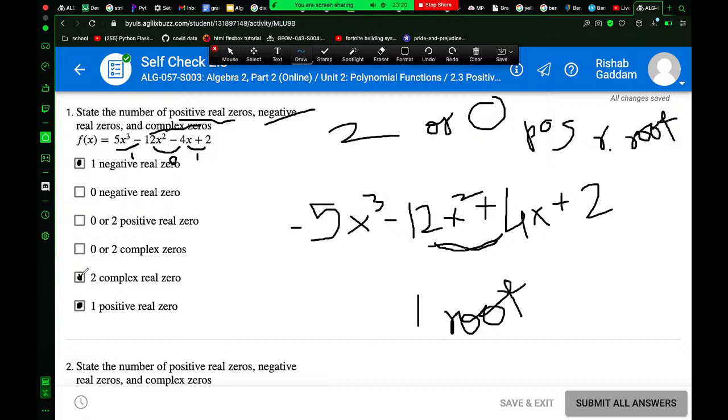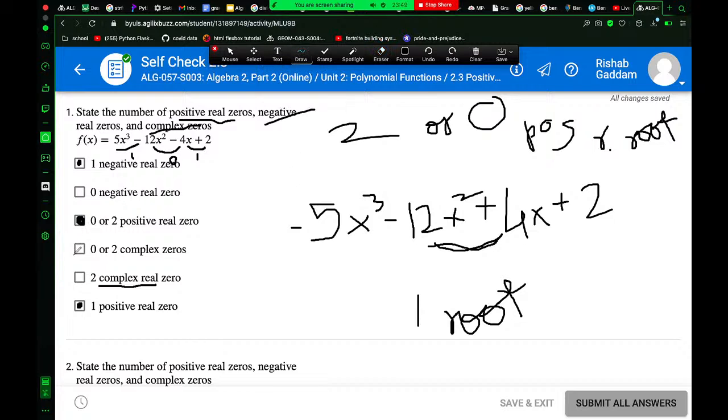Isn't it 0 or 2 positive real zeros? Yeah, it's 2 or 0 positive real zeros, yes. And I think they misspelled the answer here a little bit because there's not supposed to be a real here. It's just complex zeros. Oh, yeah, you were right about the 0 or 2 complex zeros, sorry about that.